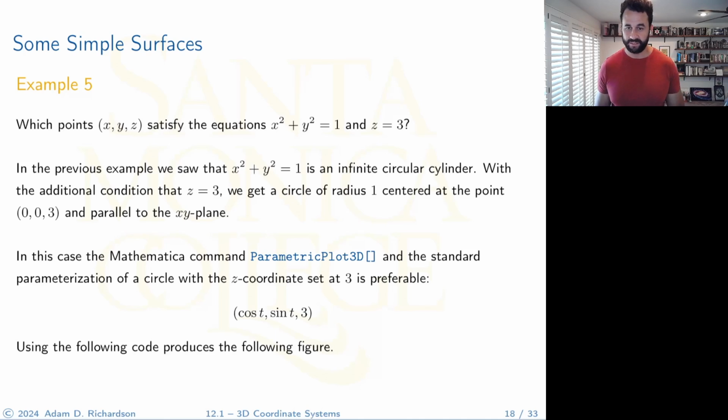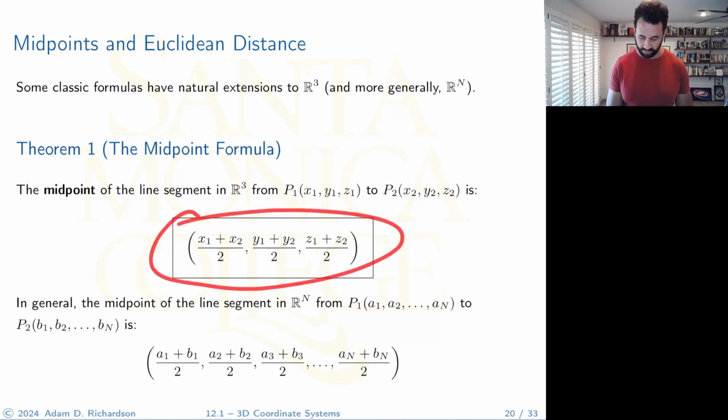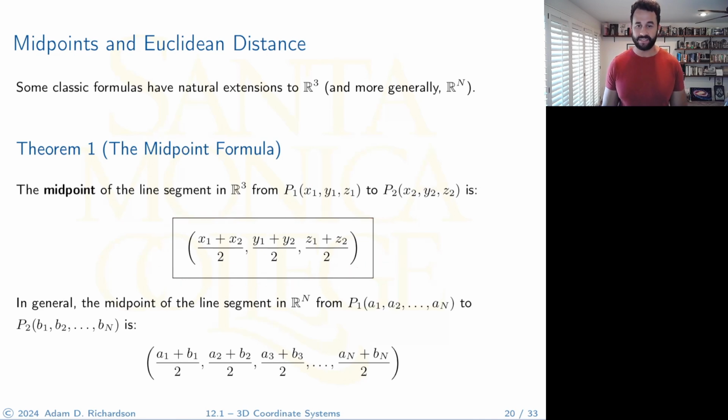All right. Okay, so now that we've seen what it looks like, let's move on and talk about midpoints and Euclidean distance. So some of the classic formulas that you remember from the past have natural extensions to R3 and more generally Rn. This is the good old midpoint formula that you know and love. The midpoint of a line segment from P1 to P2 is given by just taking the average of every one of the coordinates.